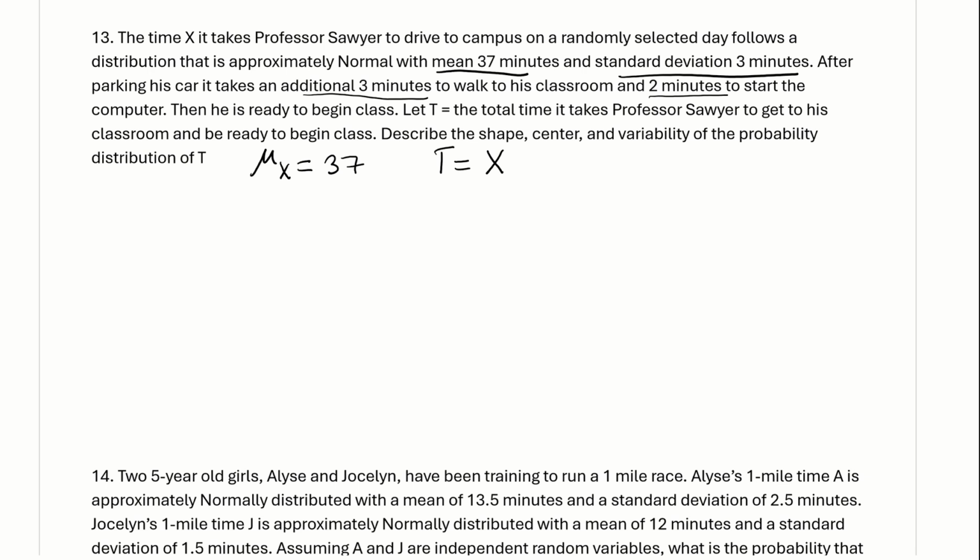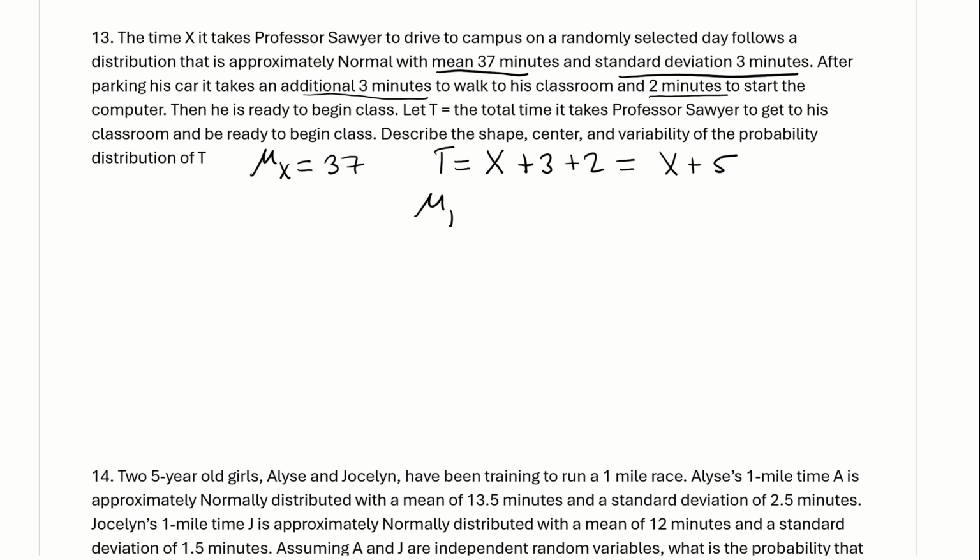It could be 40 minutes, 20 minutes, 25, whatever that time is, plus the time to walk to his classroom, and then 2 minutes to start the computer. So really, it's just x plus 5, right? That's what t is.